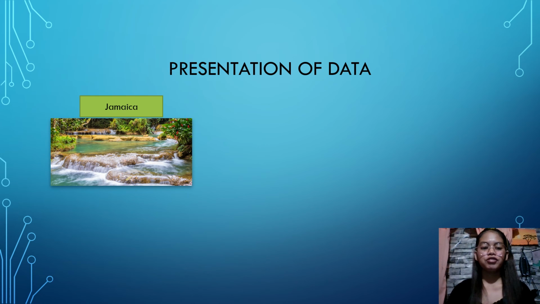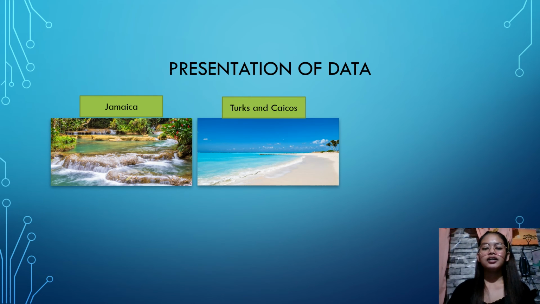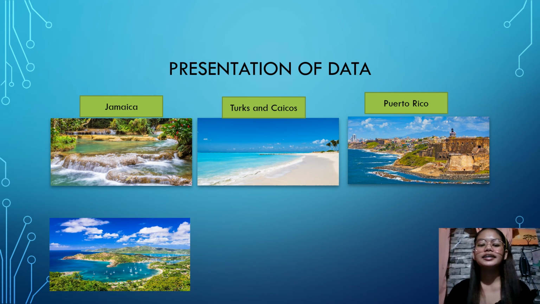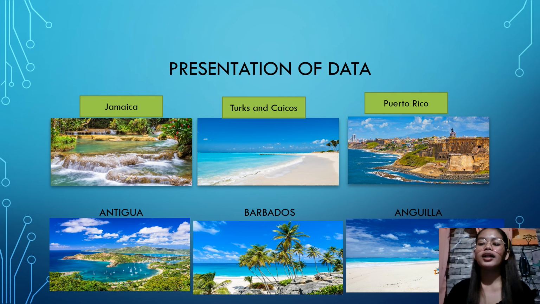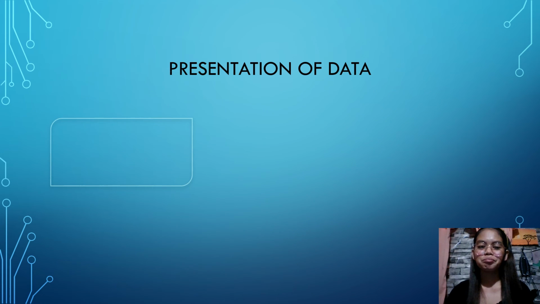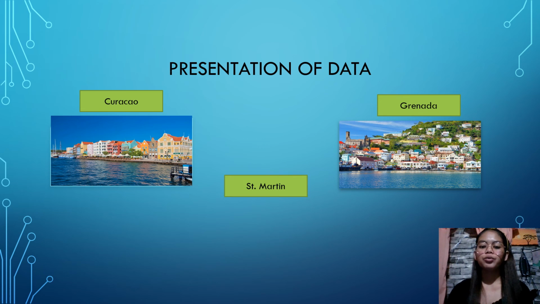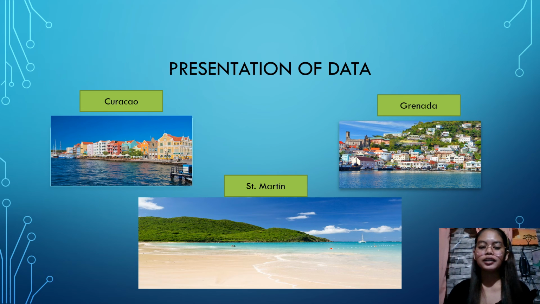And we have Jamaica, Turks and Caicos, Puerto Rico. It is very famous, the Puerto Rico island. Then we have Antigua, Barbados, as well as Anguilla. So, it is crowded with tourists. Curacao. This is the island of Curacao. Then Grenada. We also have Saint Martin here.